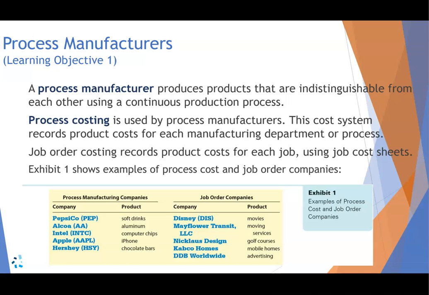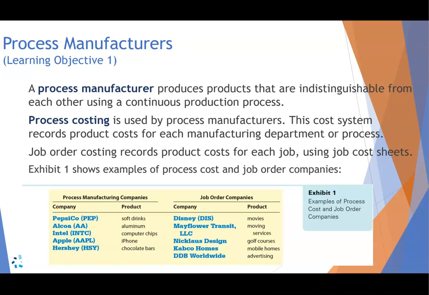So you see here in Exhibit 1 the type of companies that use process manufacturing and the type that use job order costing. For process manufacturing, we're dealing with soft drink companies, aluminum. Alcoa makes aluminum. Intel makes computer chips. Apple makes the iPhone. And Hershey, we all know, makes the chocolate bar.